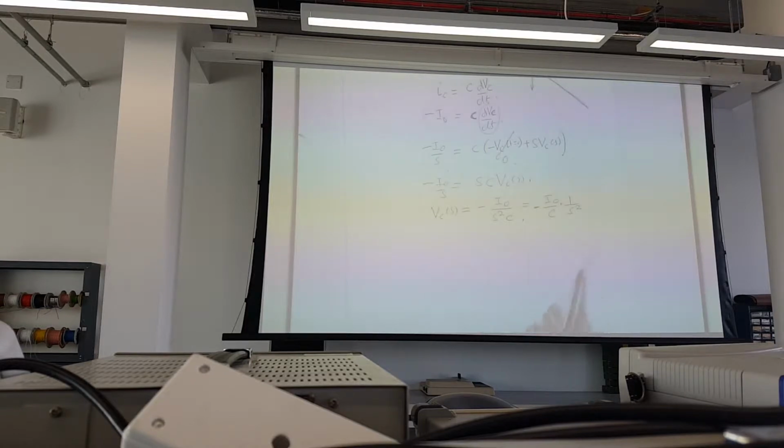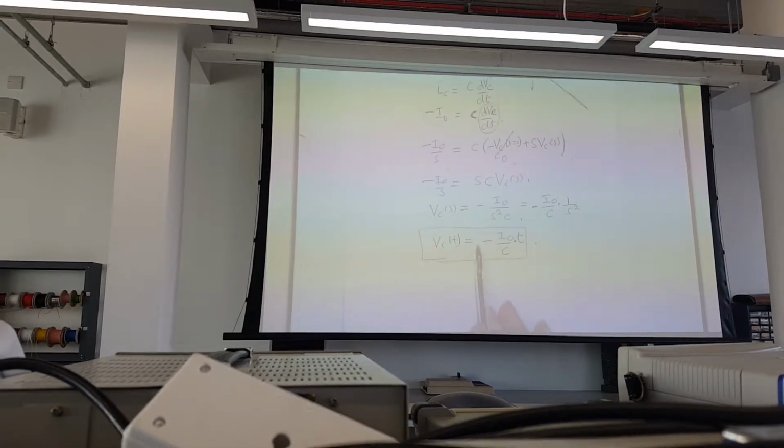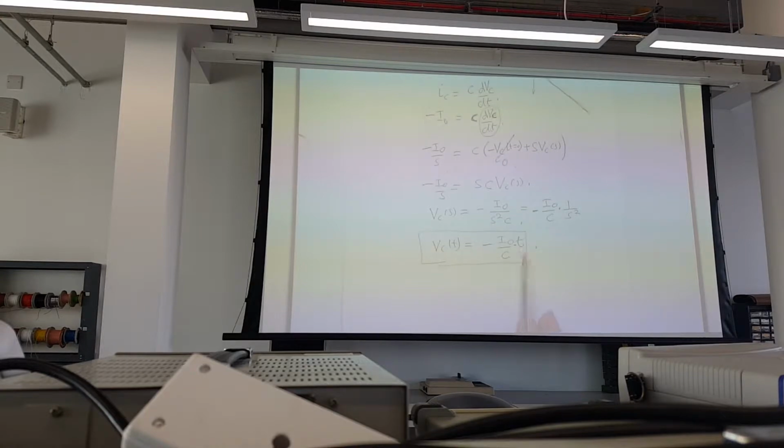Now we do the inverse Laplace transform of that step, and you get Vc as a function of time is minus I naught over C times t, because the inverse Laplace transform of 1 upon S squared is just t. Now you can see that this expression, Vc as a function of time, equals minus I naught over C times t.